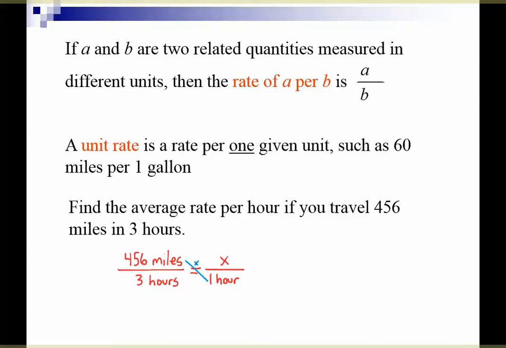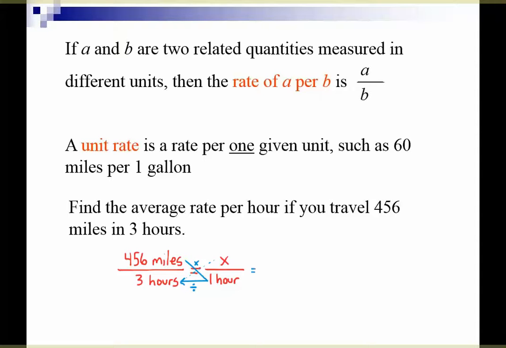Whatever you get there, you can divide by the third number you know, and that will always lead you to your answer. Okay, so go ahead and type that in your calculator right now. 456 times 1, enter, then divided by 3, enter. And let's see if we get something reasonable here.